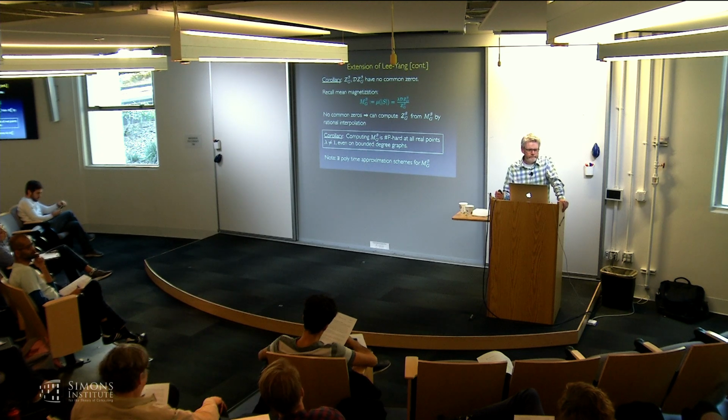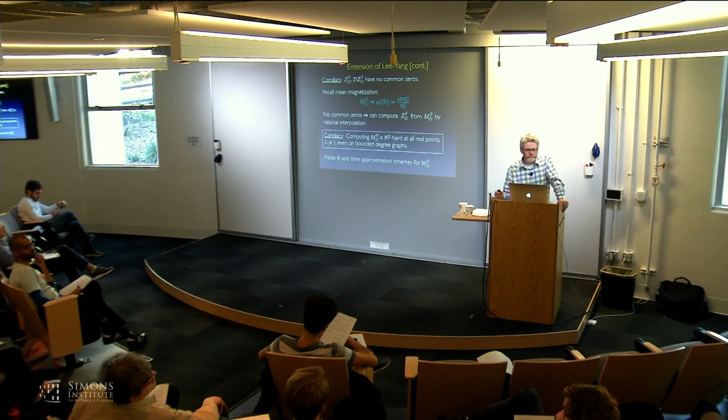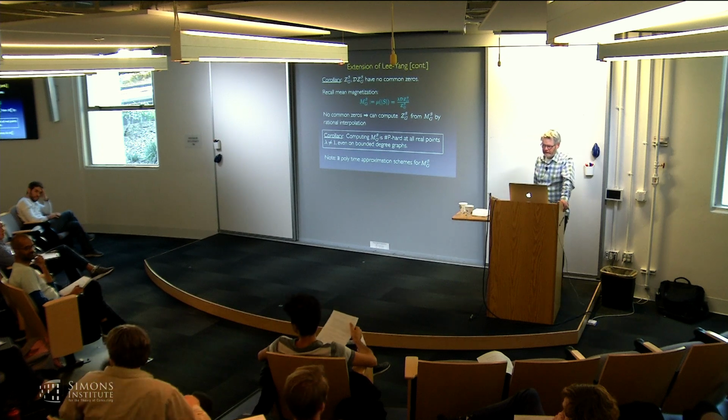So I'm just curious. Heilmann-Lieb were certainly aware of this proof, the proof of real rootedness of the matching polynomial, because it's a bit similar to this. The Heilmann-Lieb paper contains four different proofs of real rootedness of the matching polynomial, one of which is reducing it to the Lee-Yang theorem.